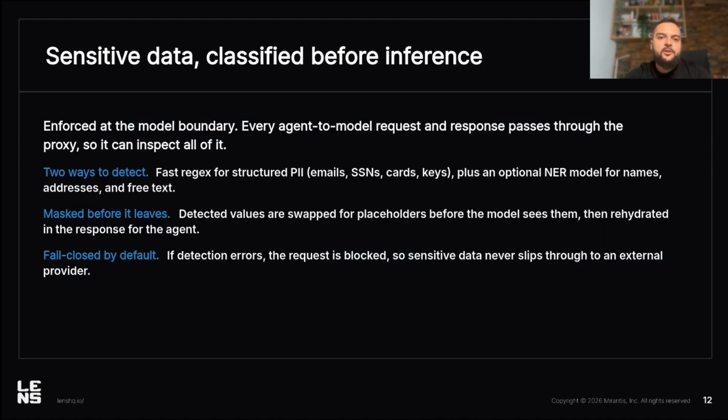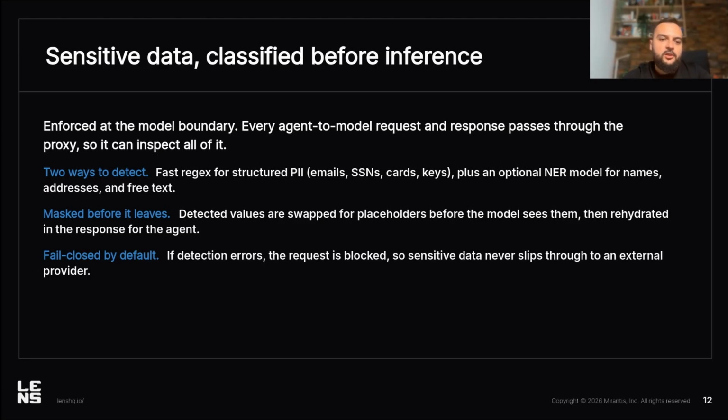Now, credentials are just one half of the story. The data the agent retrieves still flows to the model as context. So we have to do something about that as well, right? What we do is classify it before inference. This is enforced at the model boundary. Every request and response passes through the proxy, so it can inspect all of it.